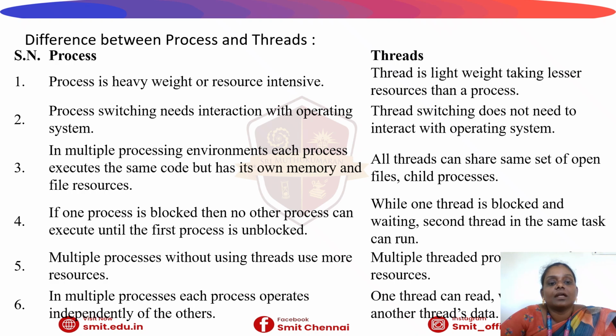Separate memory is needed for a process, whereas threads use shared memory. Process has more overhead, thread has less overhead. And in a process, slower creation occurs, and in a thread, faster creation occurs.